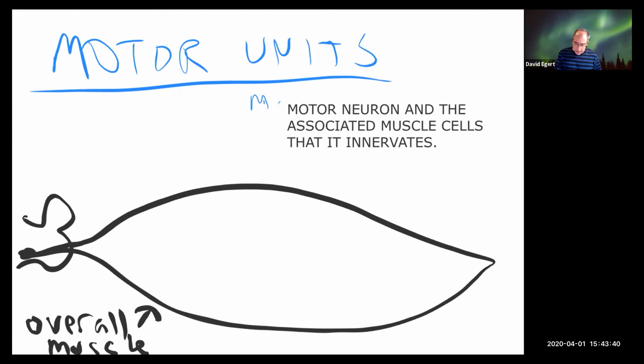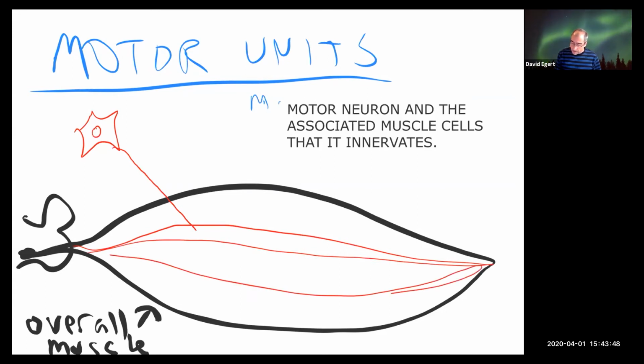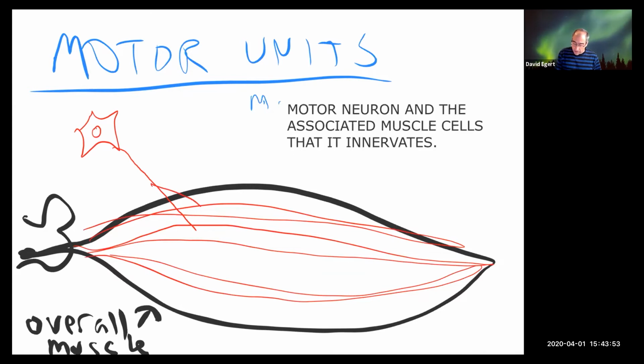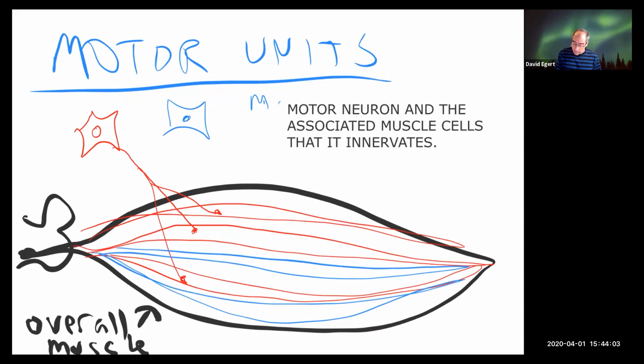I'm going to have, let's do our red motor unit. So here's some motor neuron, and it's going to be innervating a bunch of red muscle fibers. So it's going to activate my red muscle fibers. I have my blue motor unit, which is going to innervate, connect up to my blue muscle fibers. I'll have my green motor unit.